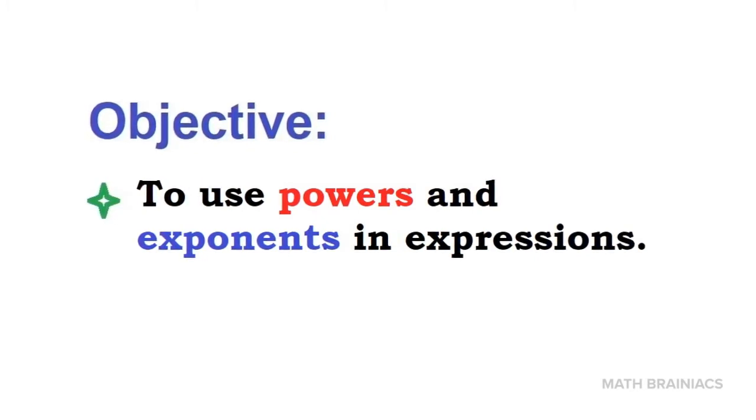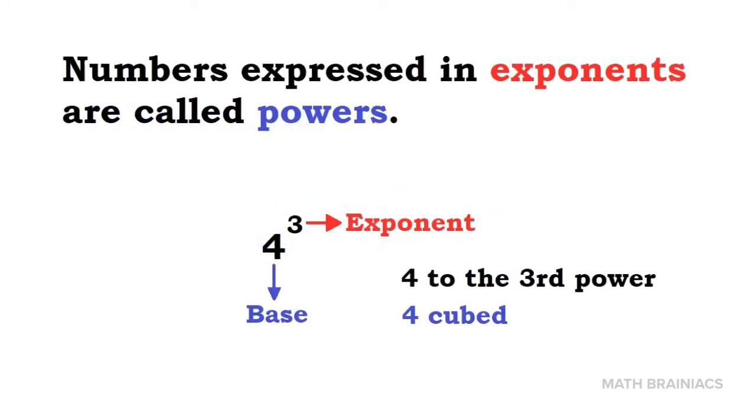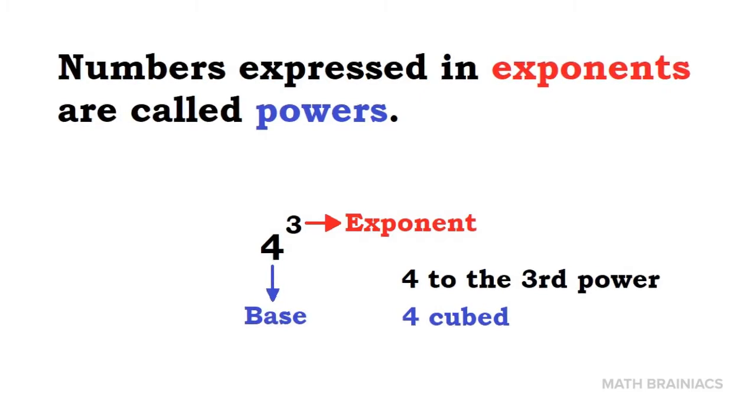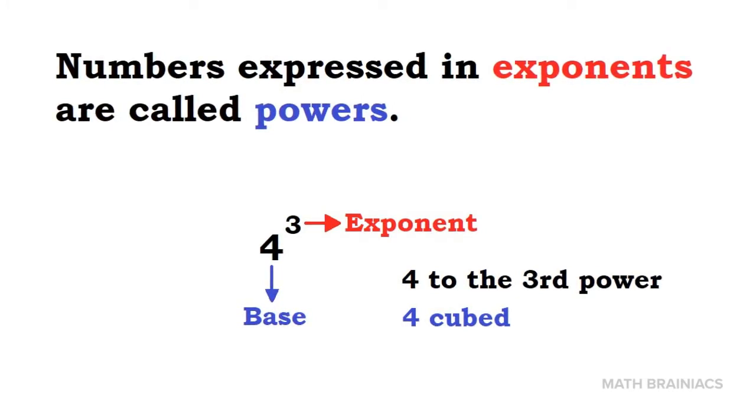We are going to use powers and exponents in expressions. Numbers expressed in exponents are called powers. You can see that we have two numbers here. We have number 4 and number 3. 4 is the base and 3 is the exponent. You can say it is 4 to the third power or 4 cubed.